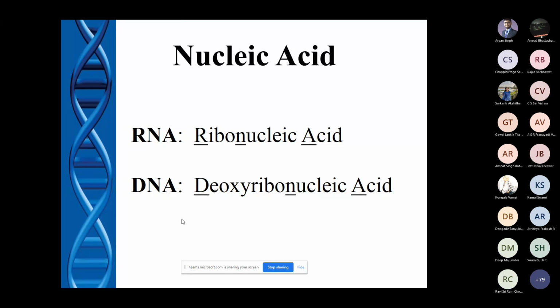So this is not a huge difference, although when I was a student like you in school, I also used to study that this is the first difference, that RNA is single stranded and DNA is double stranded. But in my opinion, at this level, that is not the major difference, because there are examples when DNA is single stranded or RNA is double stranded. So that is possible. Okay.